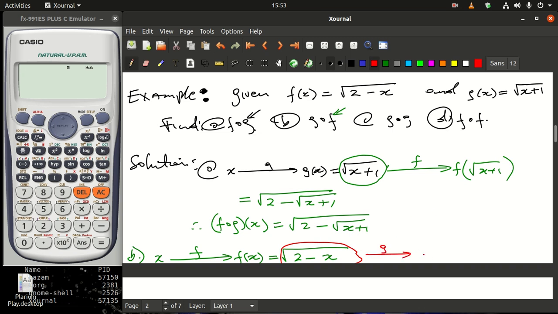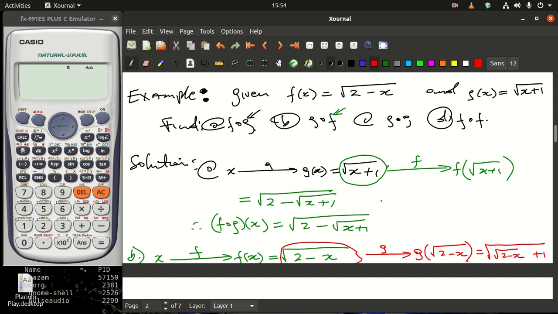So I'm gonna plug in 2 minus x in the value of x. So g is the same as the square root, x is this whole thing here, so we're gonna have a square root of 2 minus x, and then you have that plus 1 there.